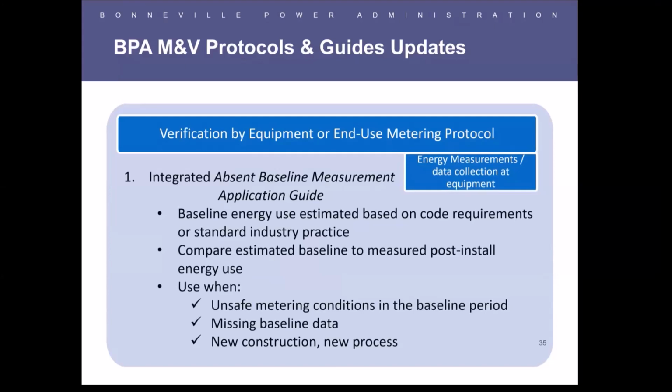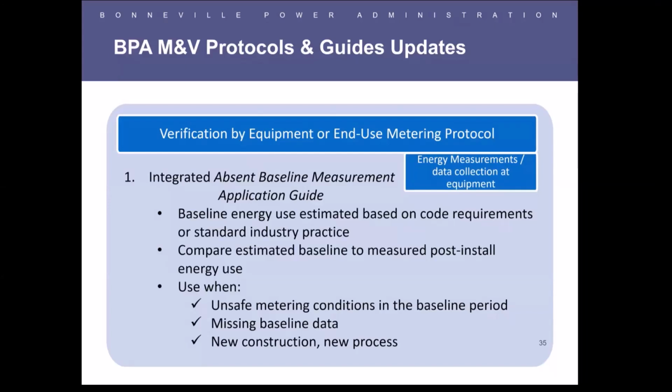So the biggest change to the equipment or in-use metering protocol was to integrate the absent baseline measurement application guide into that. And for those of you who are not familiar with the absent baseline measurement guide, this is to be used when you can't measure the baseline conditions for some reason or are missing the baseline data, or in a new construction or new process that you want to use the equipment or in-use metering level approach on.